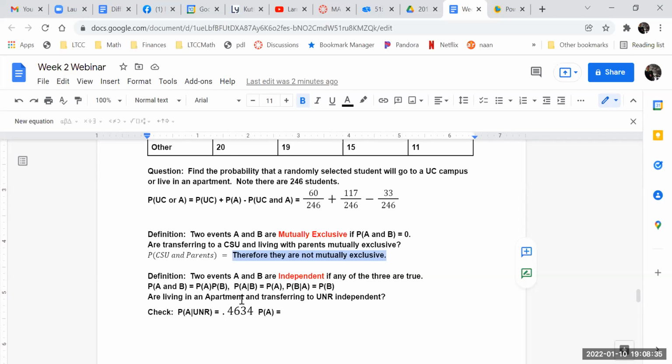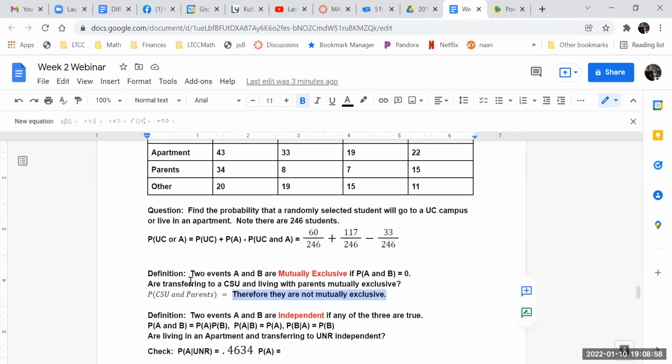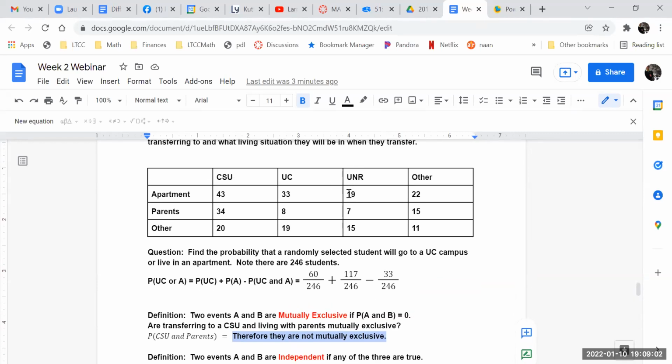So are living in an apartment and transferring into UNR independent? So let's do some computing. Let's check the probability of living in an apartment given transferring to UNR. Well, of the UNR people, 19 live in an apartment.